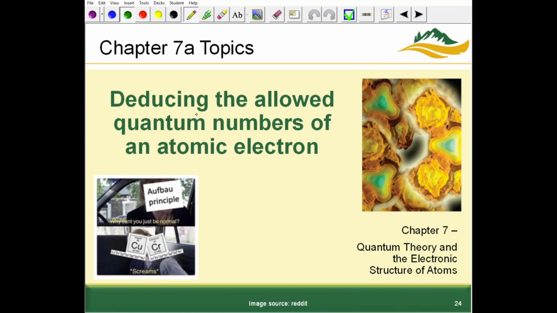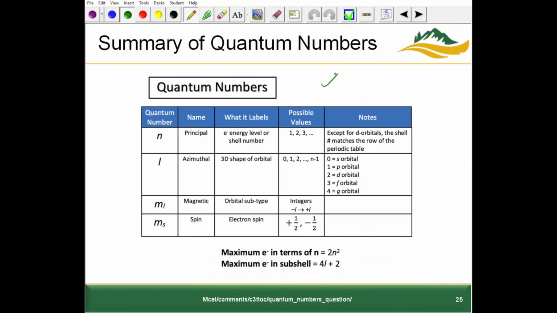So next, deducing the allowed quantum numbers of an atomic electron. Here's a nice table summary of the quantum numbers we went through. So N, L, M sub L, and M sub S. We can refer to the L quantum number as the angular momentum. So here's what it labels: the 3D shape, the energy level.